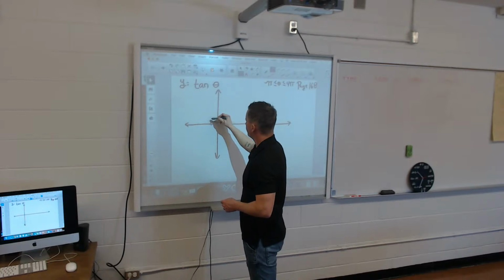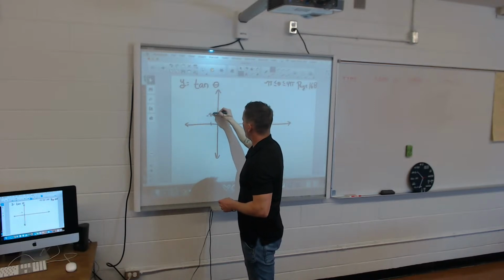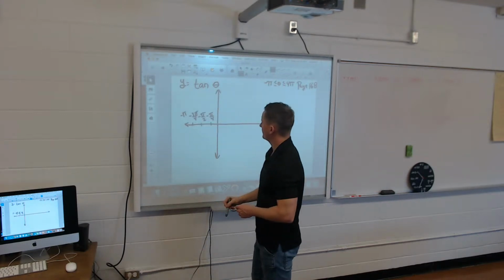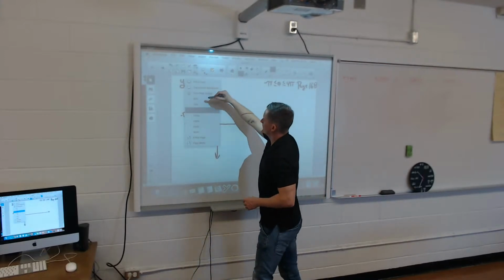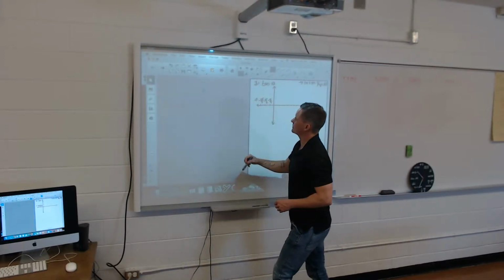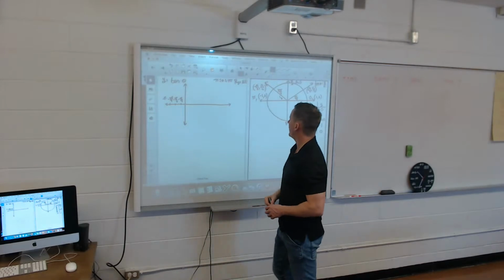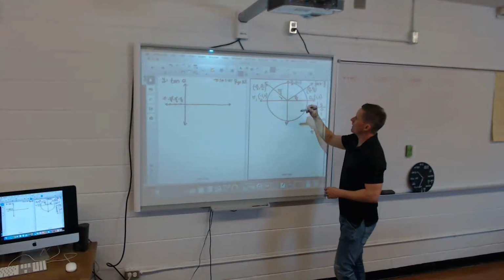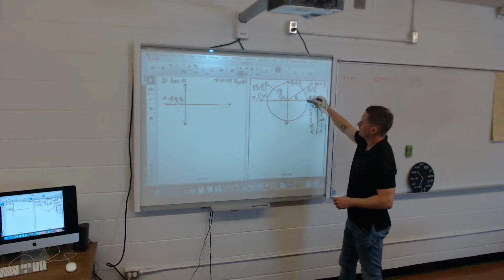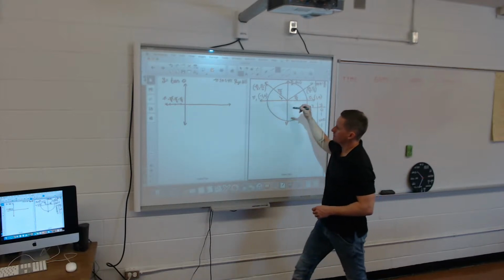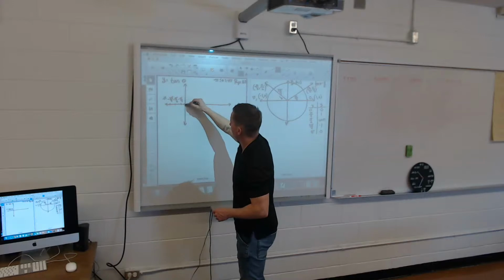Okay, so that means I have to start back here somewhere behind the unit circle. So this would be minus pi over 4 here. Okay. So looking at my unit circle, it's going to look a little bit smaller. I know it's not ideal, but now I'm going backwards. So at 0, I'm at 0 here.